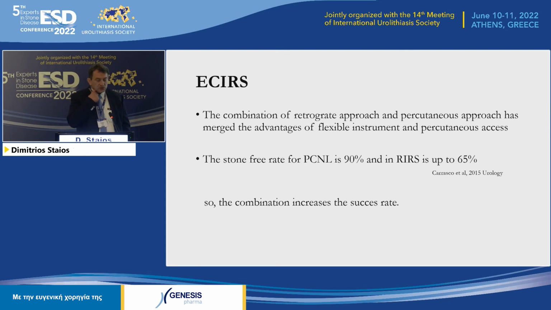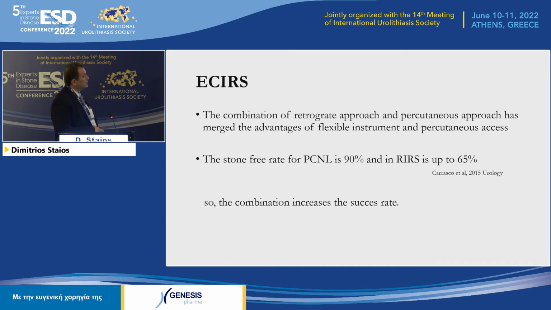Now, the combination of the retrograde approach with flexible ureteroscopes and the percutaneous approach has merged the advantages of the flexible instruments and the percutaneous approach. The stone-free rate for PCNL is about 9%, and for intrarenal retrograde surgery is about 65%.